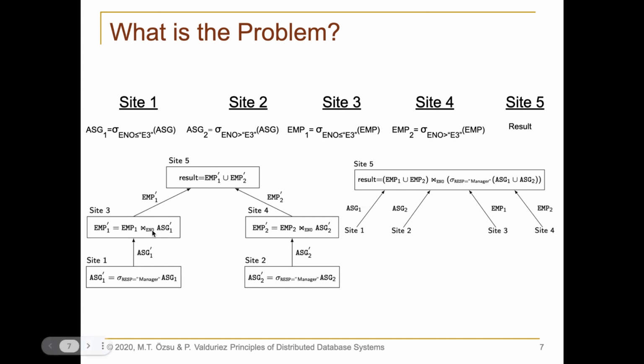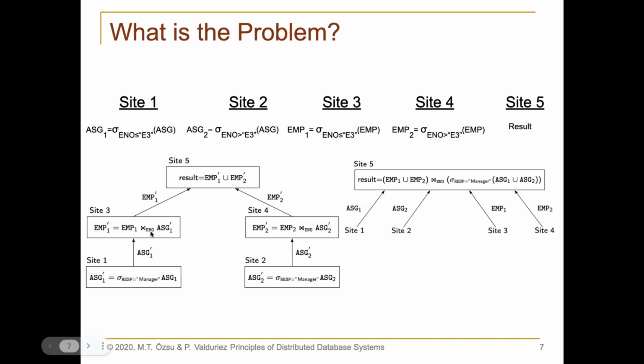So at site 3, after transferring assignment 1 and assignment 2 to site 3 and site 4, we can further perform the join operation. So in site 3, we can perform equi-join between employee 1 and assignment 1 prime, which is the primary horizontal fragment of assignment 1. And in site 4, we can perform equi-join between employee 2 and the primary horizontal fragment of assignment 2, which is transferred from site 2.